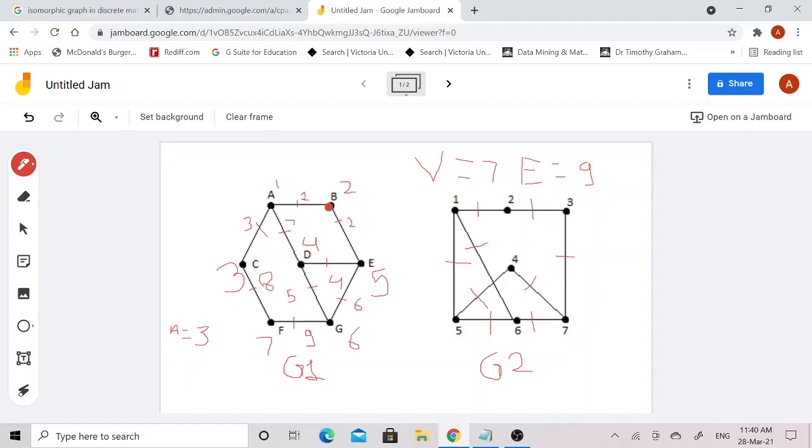For node B, there are two edges connected to this node, so the degree of vertex of node B is 2. Node C, again there are two edges connected to this node, so the degree of vertex for the node C is 2.